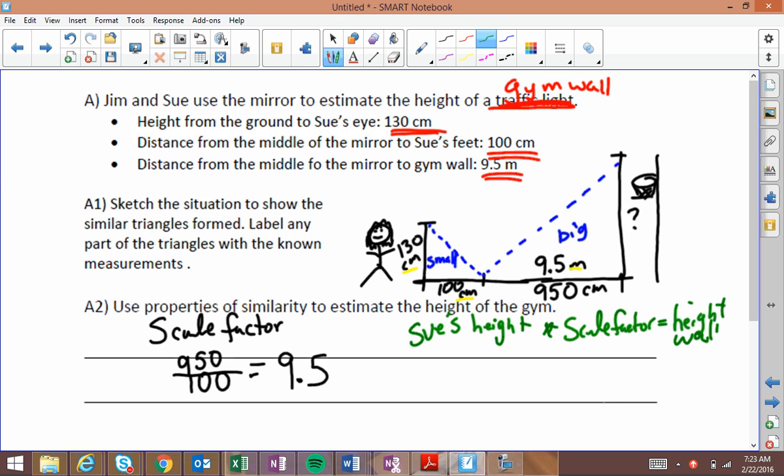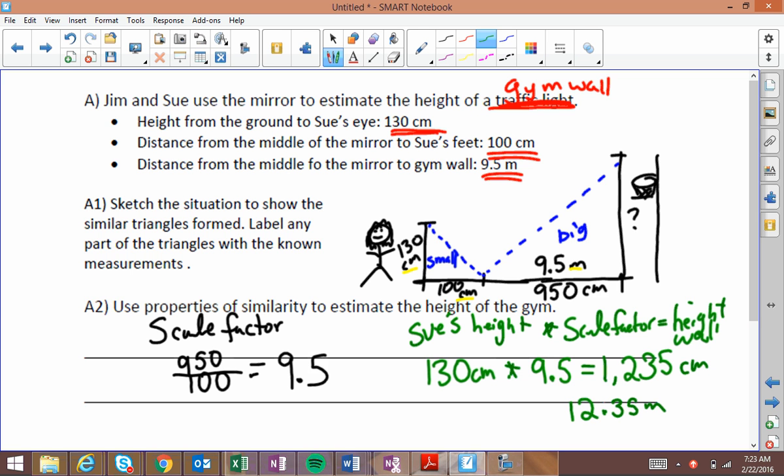So Sue's height is 130 centimeters, my scale factor is 9.5, and this gives me the height of the wall, which is 1,235 centimeters. Now, if I wanted to put it back into meters so that it is relating back to the original information, I can divide by 100 and get 4.35 meters.